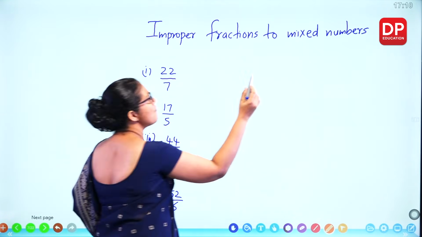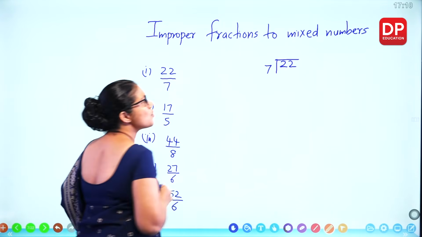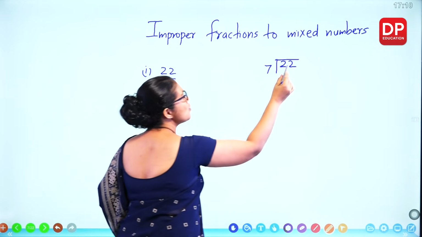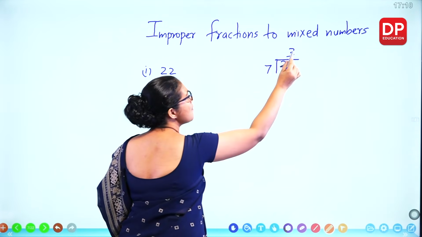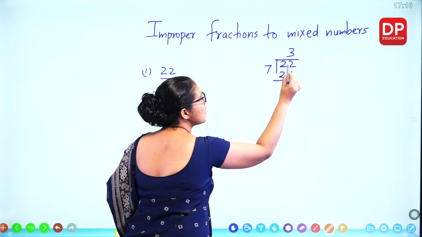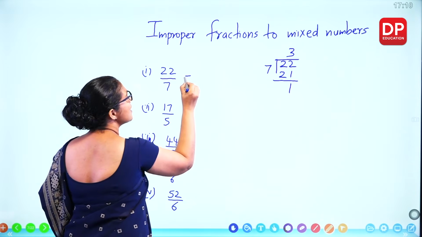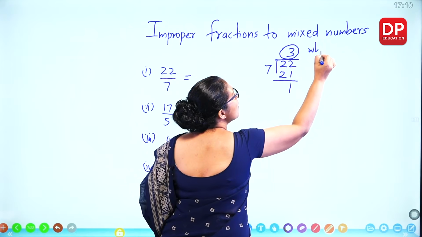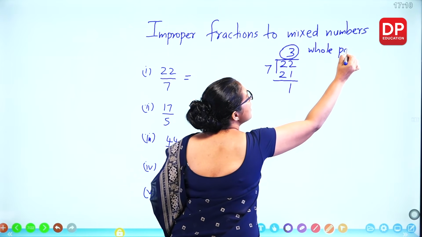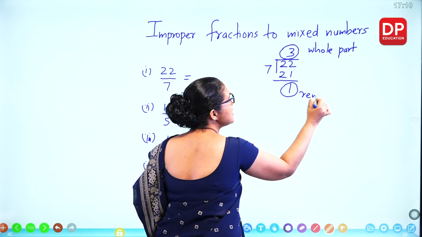We find how many 7s are there in 22. 22 divided by 7. There are 3 parts. 7 times 3, 21. What's the remainder? You get 1. So this is how we write. This is the whole part. And this is called the remainder.